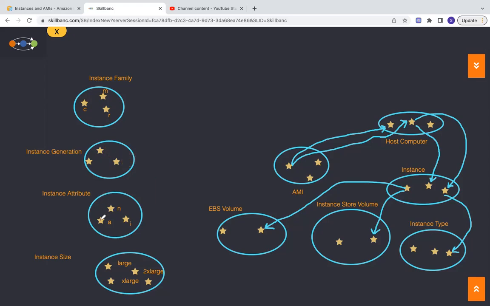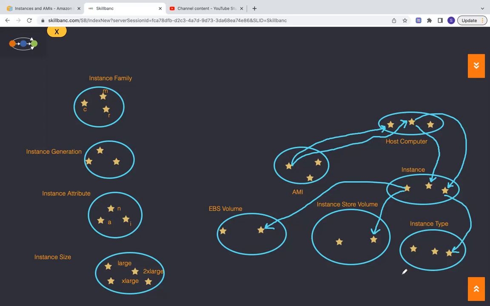And then some additional attributes, capabilities, like ENA; these abbreviations we can take a look at. Instance size: large, extra large, 2x large.